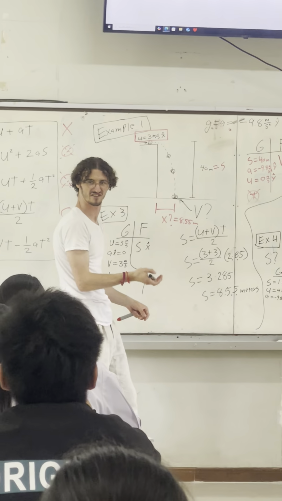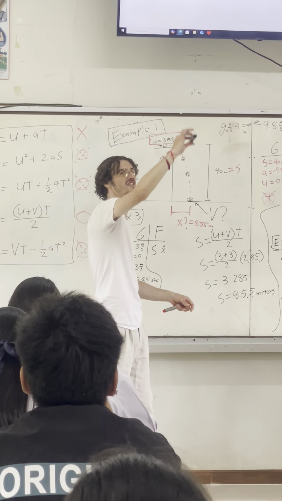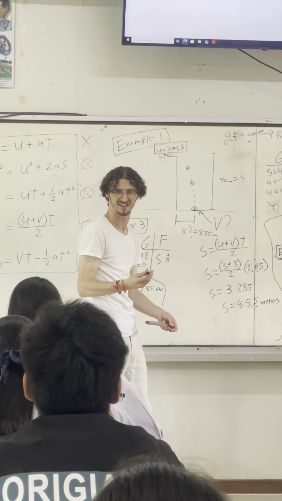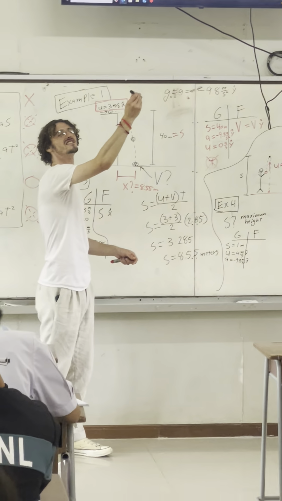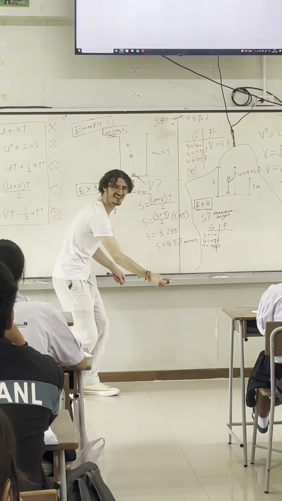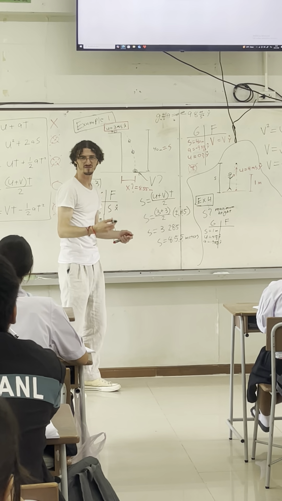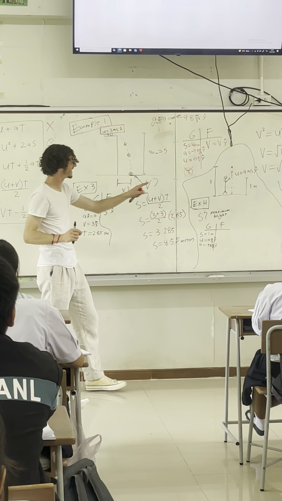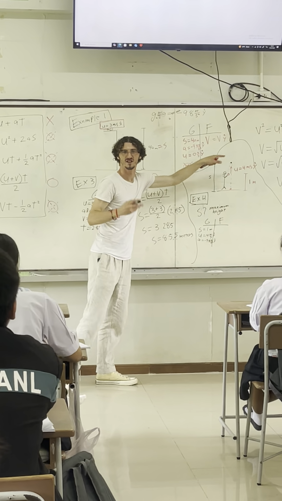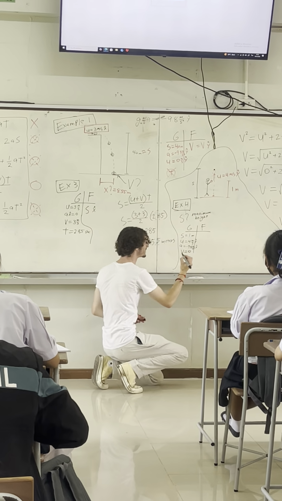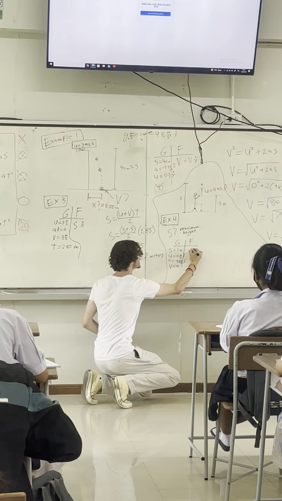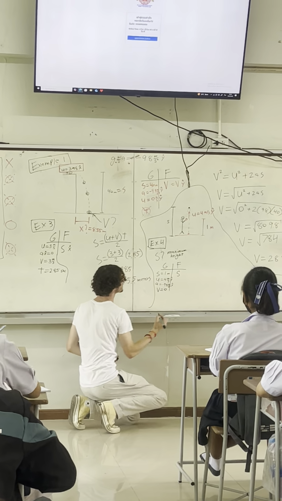Positive, 0, negative. The speed is 0 at this point. So the v is 0. And we're trying to find the last position.